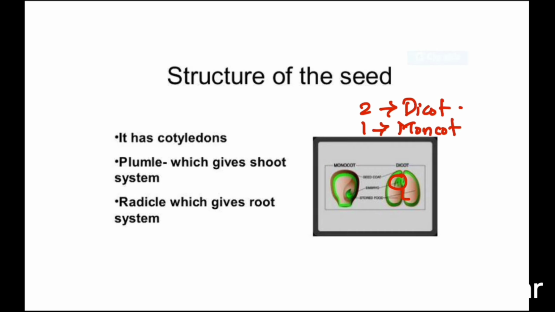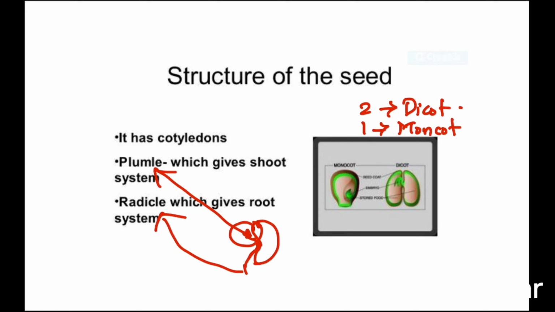If you take rajma, kidney bean seeds, at the time of germination a leaf-like part comes from here, and a root-like part, white in color, comes from the other end. The entire shoot develops from the part called the plumule, and the root develops from the lower part, called the radicle. Here also you can see the plumule part, and the lower one is the radicle part. You can easily see this in the picture.